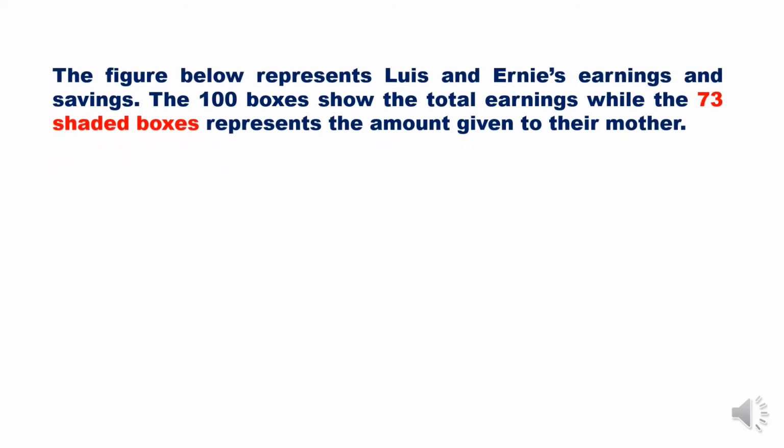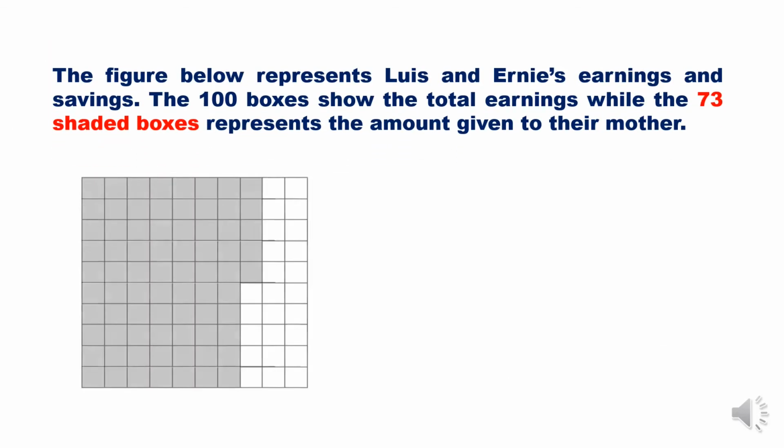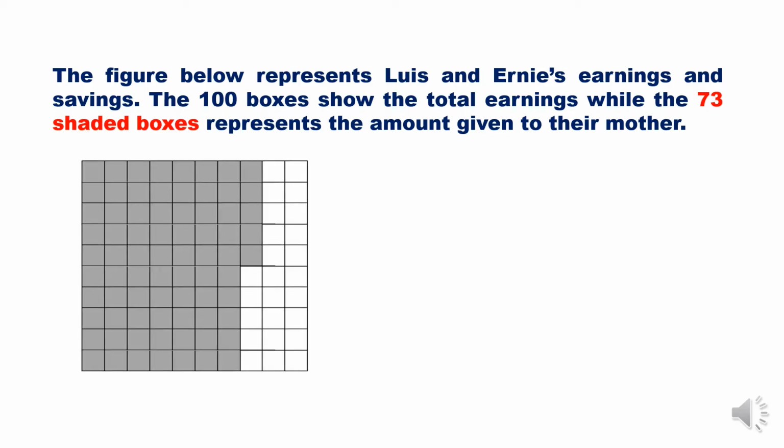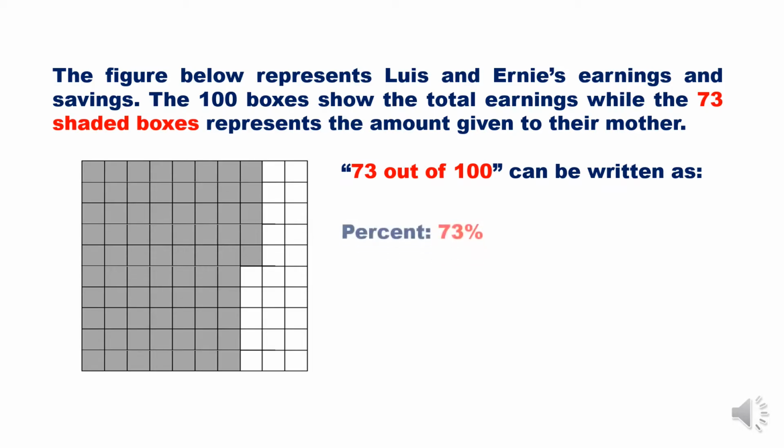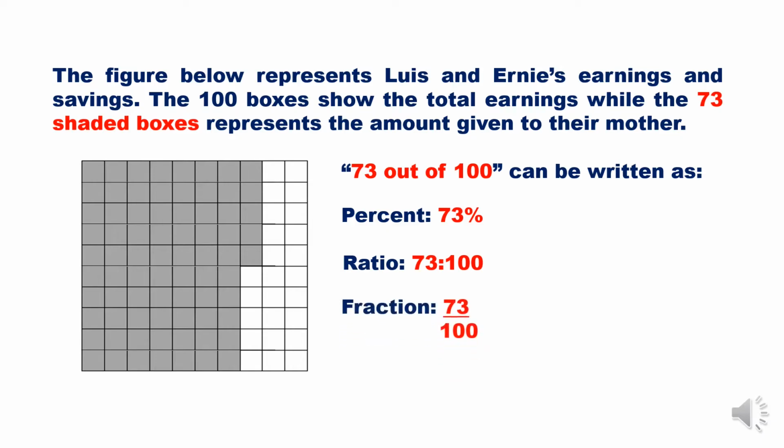The figure below represents Luis and Ernie's earnings and savings. The 100 boxes show the total earnings while the 73 shaded boxes represent the amount given to their mother. 73 out of 100 can be written in percent, in ratio, in fraction, and in decimal.